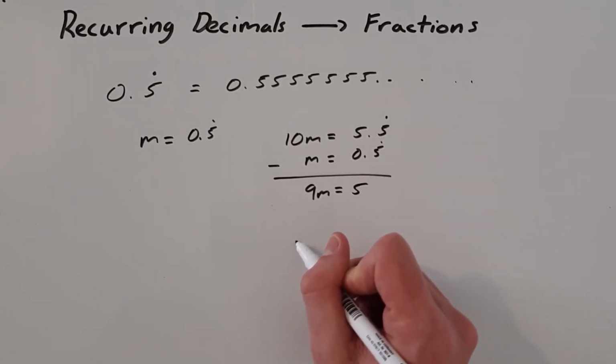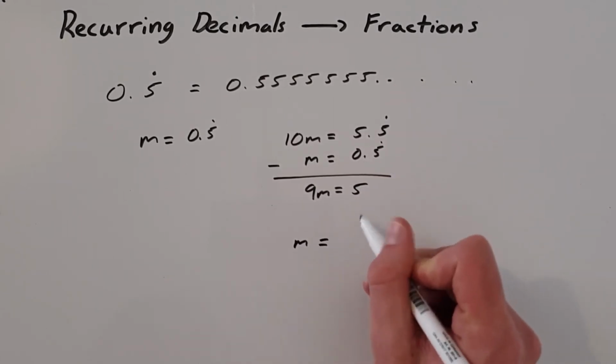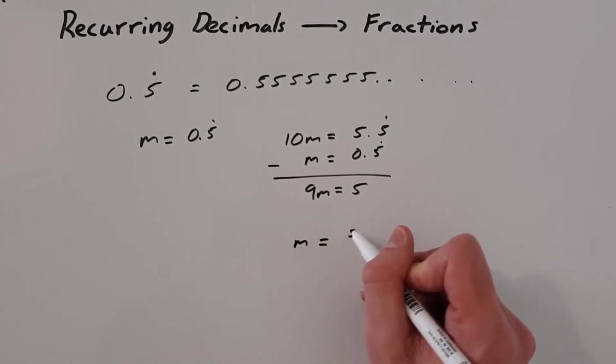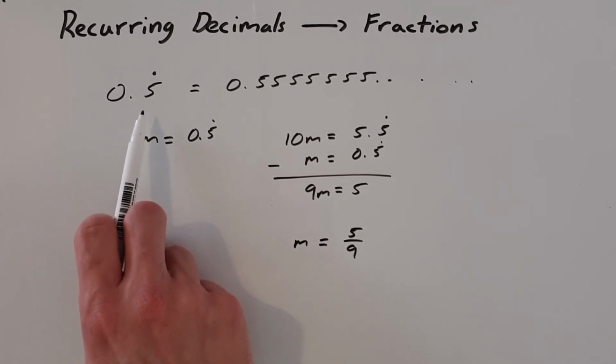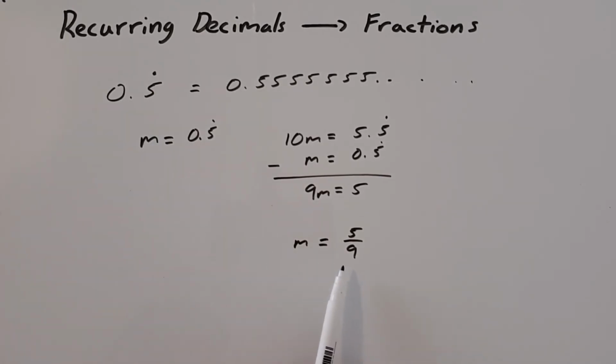So now our fraction is 5 divided by 9, and that's our answer. 0.5 recurring as a fraction is 5 over 9. Hopefully that made a bit more sense the second time around if you didn't understand it the first time.